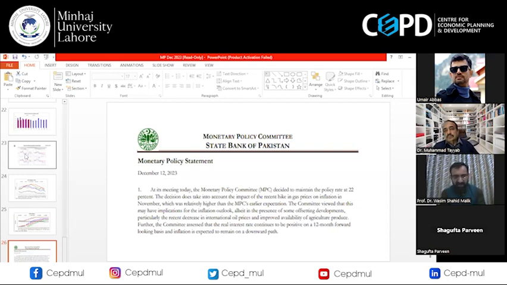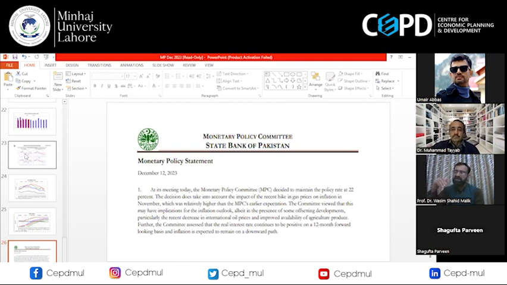Core inflation is basically a stable component of inflation, which is measured in two different ways. One is that we exclude food and energy from the CPI basket, and the remaining basket is called the non-food, non-energy basket. The inflation rate of that remaining basket is called the core inflation rate.